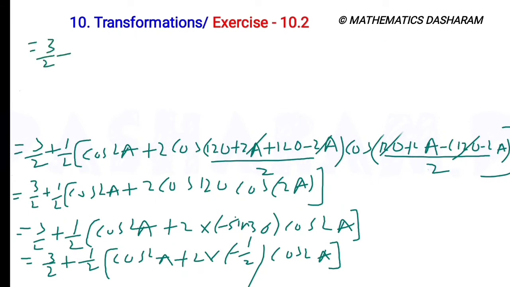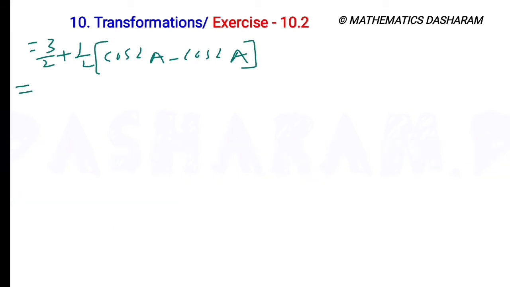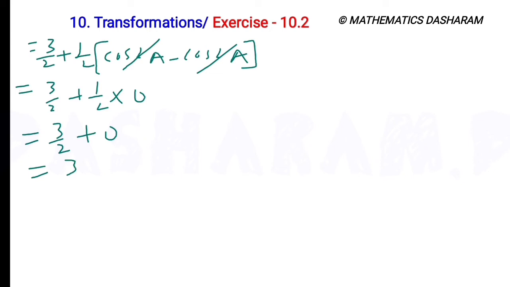Here the 2 cancels, so cos 2A minus cos 2A cancel, so 3/2 plus 1/2 bracket of 0, 3/2 plus 0, 3/2, RHS. Hence proved.